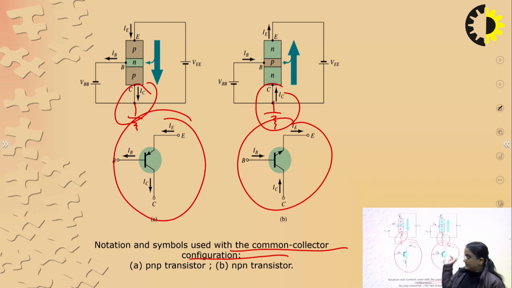If we know the circuit diagram of all these three configurations, we can easily draw the input output characteristics of CB, CE and CC configurations.